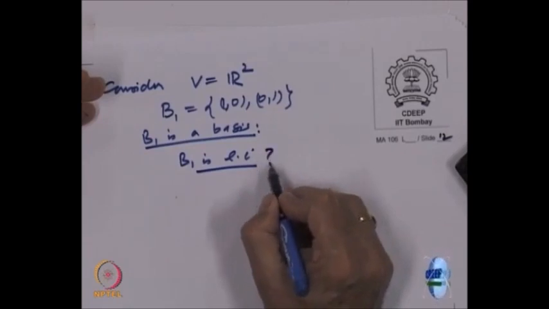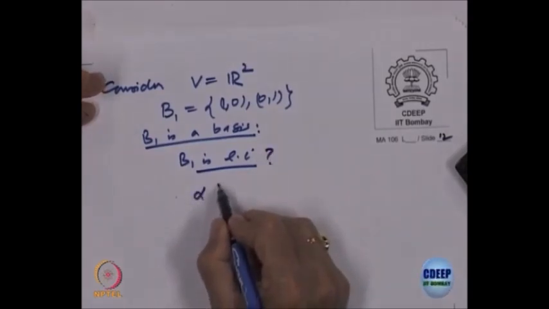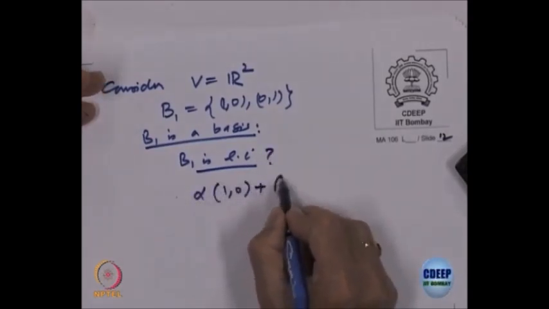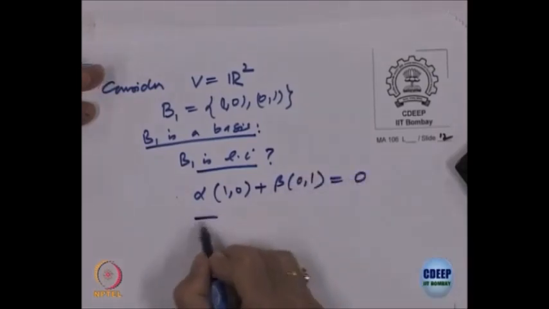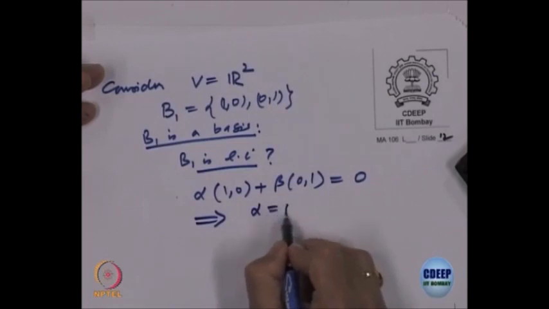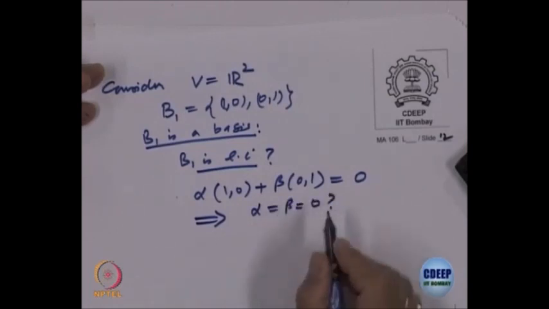How do I check it? Check alpha times (1, 0) plus beta times (0, 1); if it is equal to 0, it should imply alpha equal to beta equal to 0.